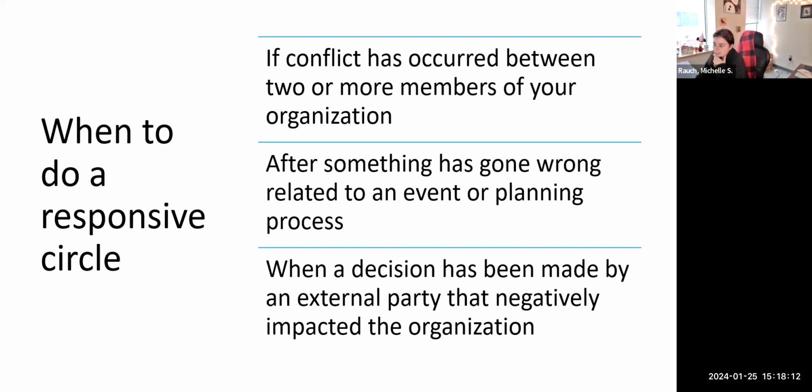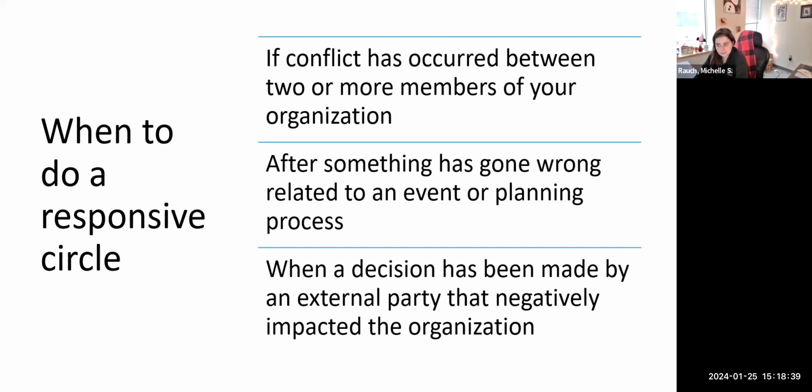If there's a conflict that has occurred between 2 or more members of your organization, and that conflict needs to be addressed and resolved, after something has gone wrong related to an event or planning process. Maybe you are planning a really big program, and somebody forgot to do something or bring something, and it really caused a disruption to the event itself.